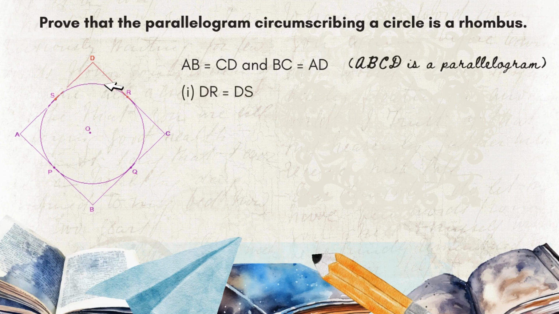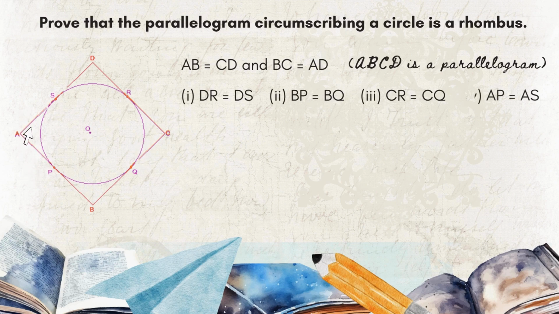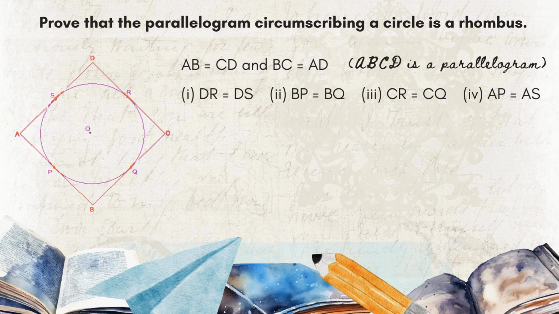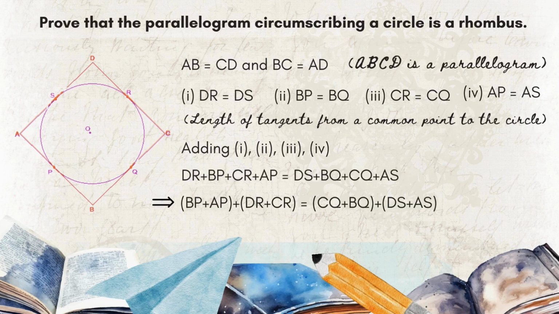Now, DR is equal to DS, BP is equal to BQ, CR is equal to CQ, and AP is equal to AS. Why? Because lengths of tangents from a common point to the circle are equal. Adding all these, we get this. Now let's rearrange it. We would get this.